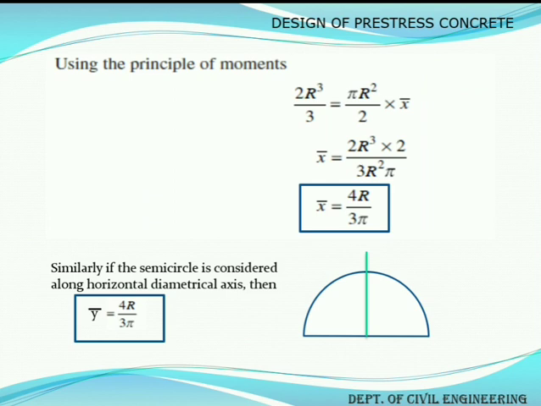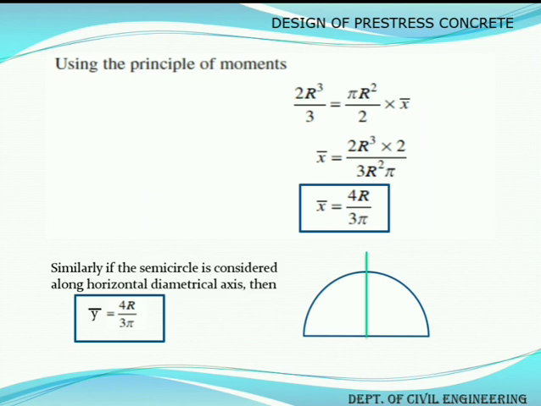Cross multiplying, we get x bar as 4r by 3 pi. That is the centroidal distance from the vertical diametrical axis, that is, x bar is equal to 4r by 3 pi.